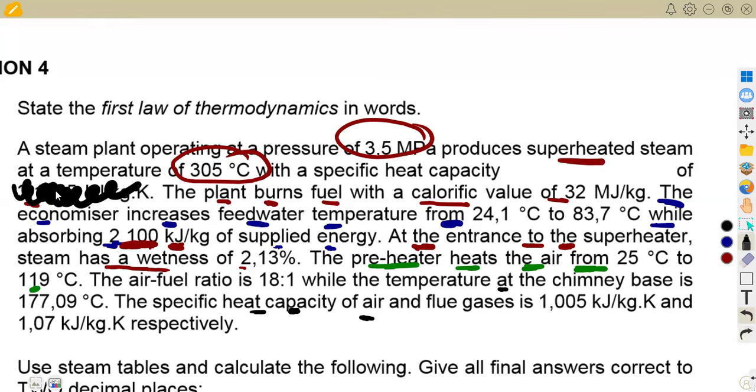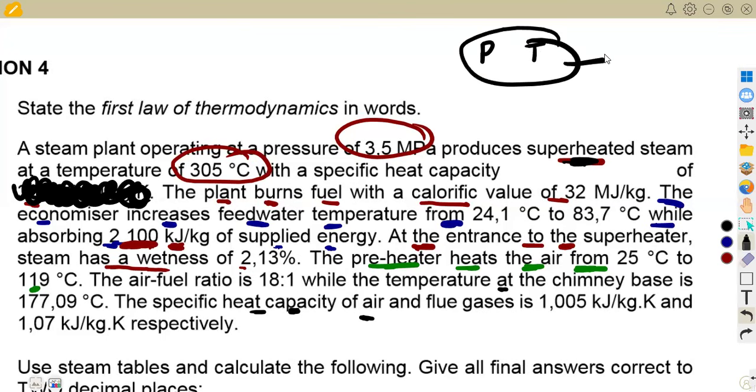Once they do not give you the specific heat capacity of the superheated steam, expect that they will give you a pressure and a temperature that is enough for you to use on the superheated steam table to find your h.